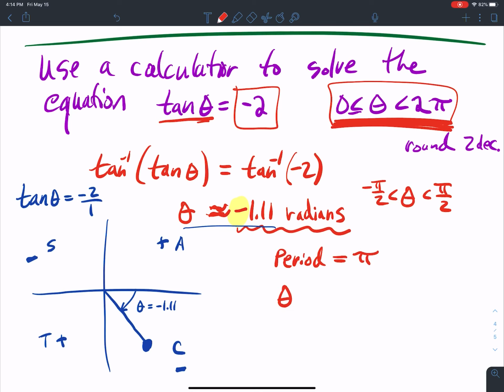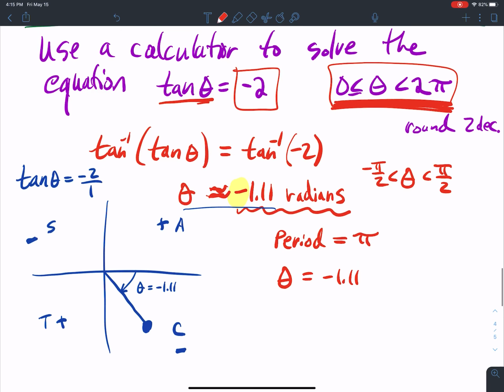So if theta equals -1.11, then to get the next one, I just do pi k, right? So to get all the answers between 0 and 2 pi, I'm going to add. So if I did 0, I get the original one. But if I do k equal to 1, I get -1.11 plus pi. That's a solution.